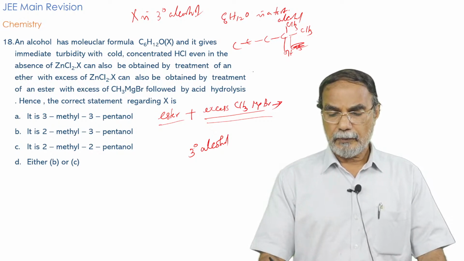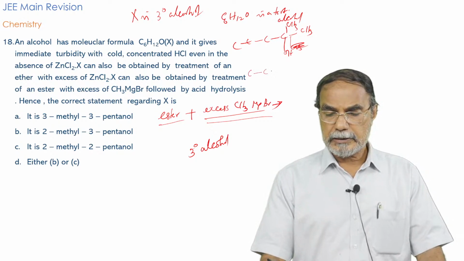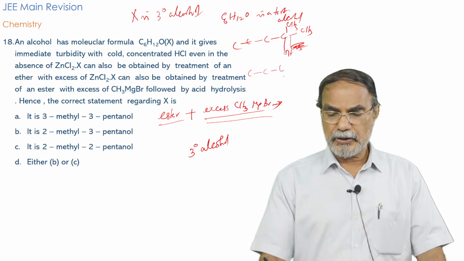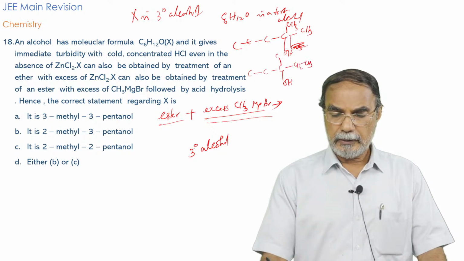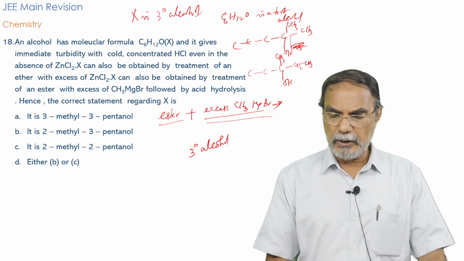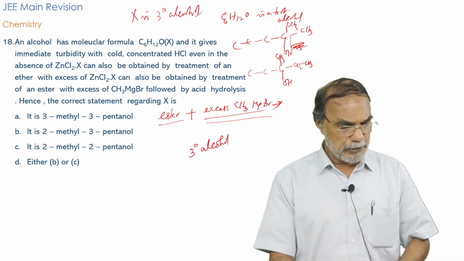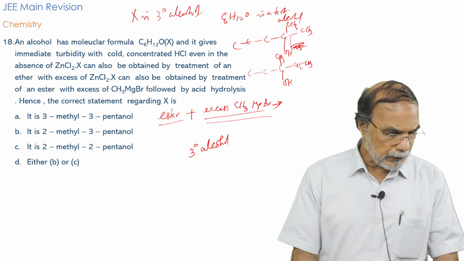So this is one possibility. Or the possibility is CC, C, OH group, and here you have CH2, CH3 and CH3. That's also a tertiary alcohol. That is the second possibility.